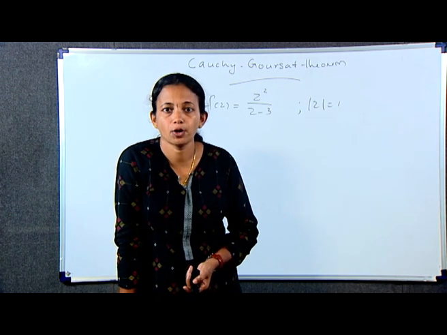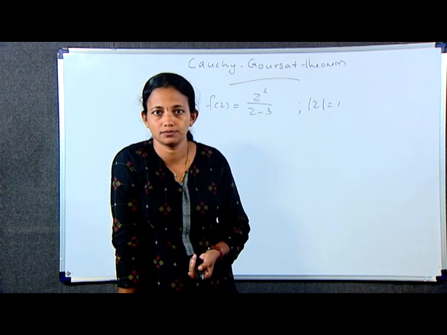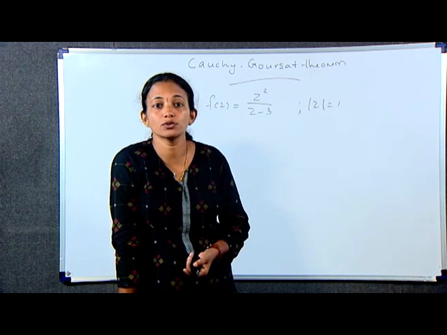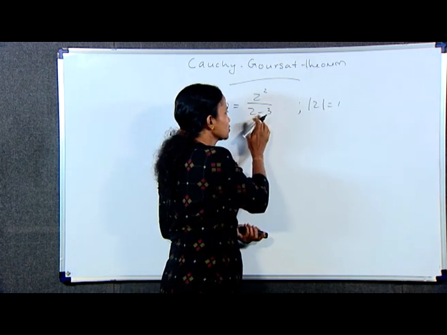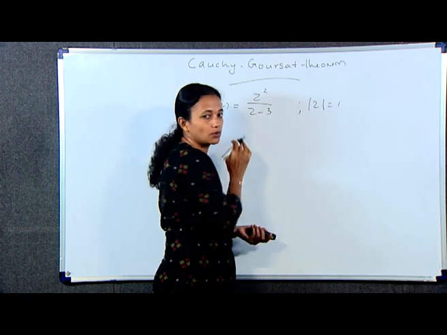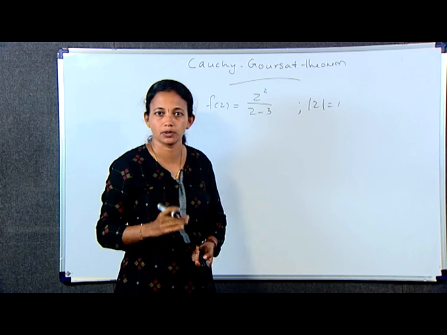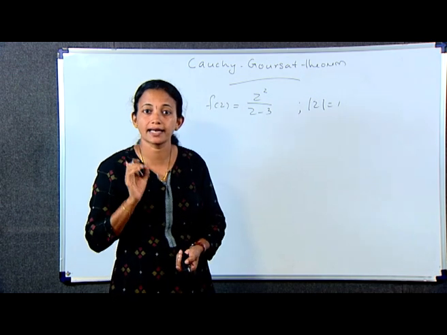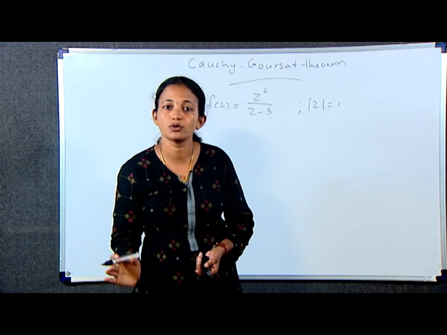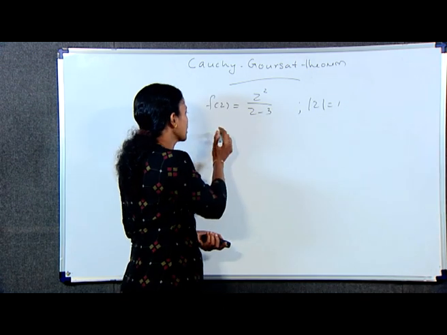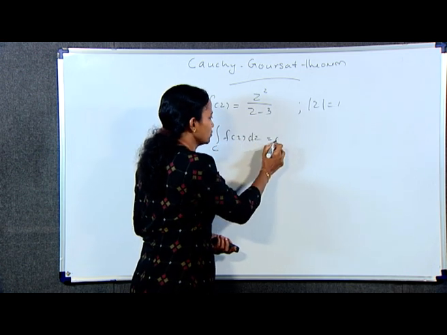Here the only point where f is not analytic is z equal to 3, but z equal to 3 is outside mod z equal to 1. That is, the function is not defined at the point z equal to 3, but we have mod z equal to 1, so 3 lies outside, and therefore f(z) is analytic inside and on mod z equal to 1. Hence, by the Cauchy-Goursat theorem, the integral over C of f(z) dz is equal to 0.